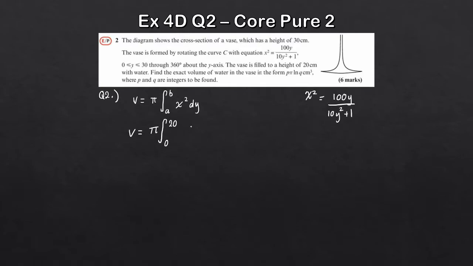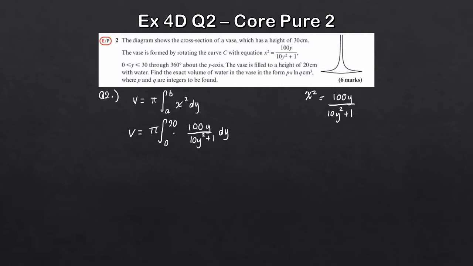Okay, so if I write that out, what we've got now is this integral here, 100y over 10y squared plus 1 dy.